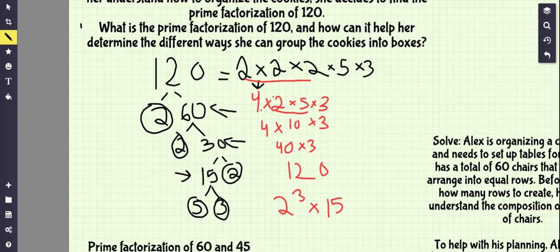If you lose your calculator, I don't know if you can see the calculator on my screen, but 2 to the power 3 is equal to 8. 8 times 15 is 120. That's why our calculations are correct here.